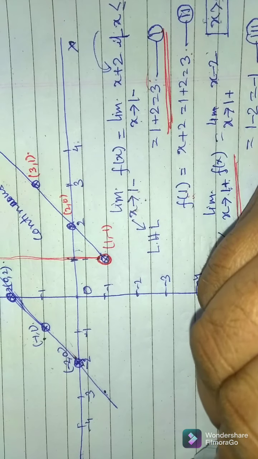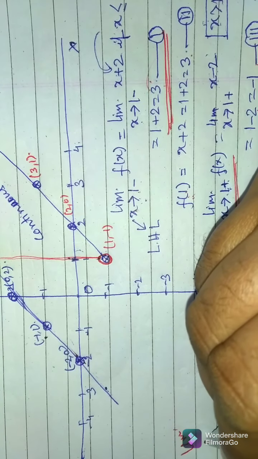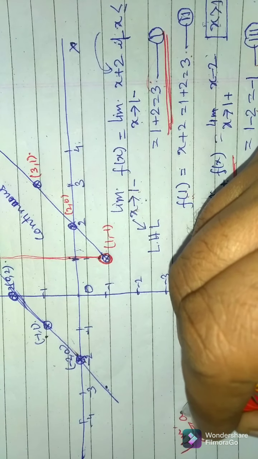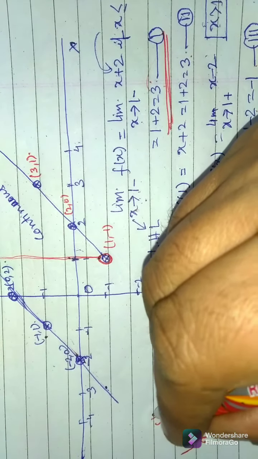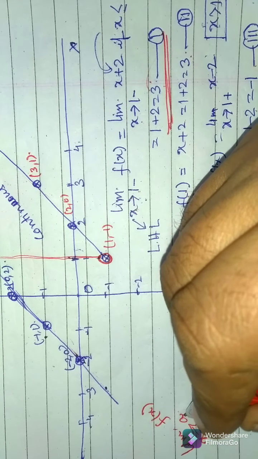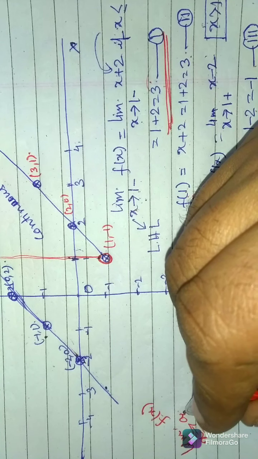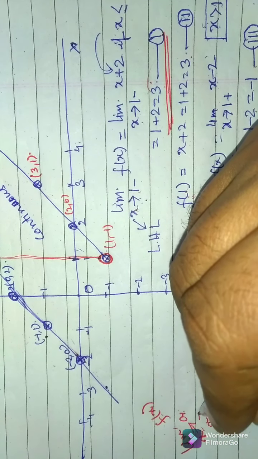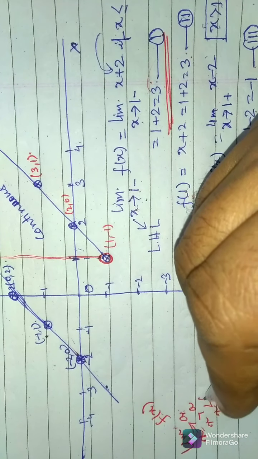Another condition we can write, if we have to prove the function is continuous at the point x equal to a: if limit x tends to a of f(x). Here x tends to a means either x is greater than a or x is less than a.